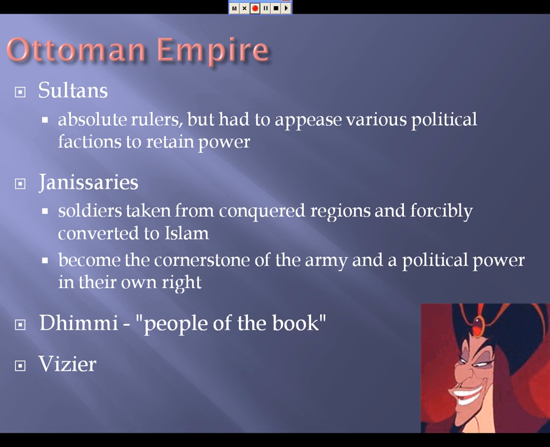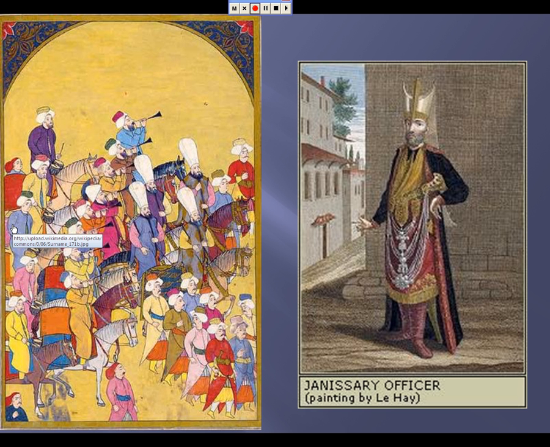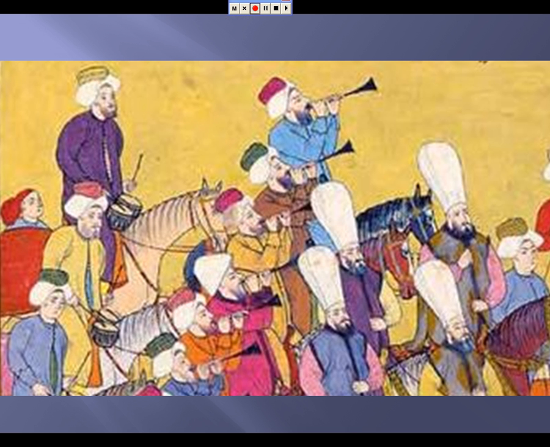These are pictures of janissaries. Take a moment and just browse through the different faces. What do you see? Some of them have white hair. We can zoom in a little bit if you want. All right, you see some different ethnicities.